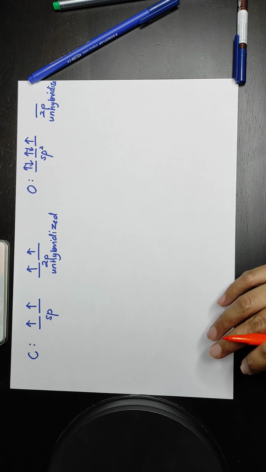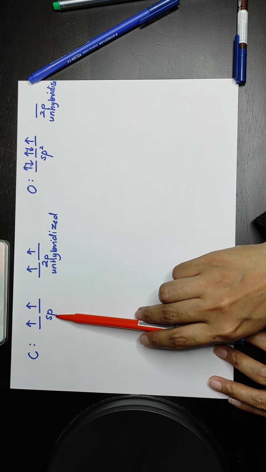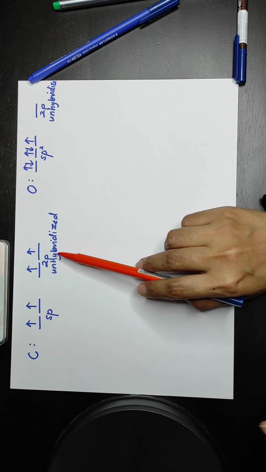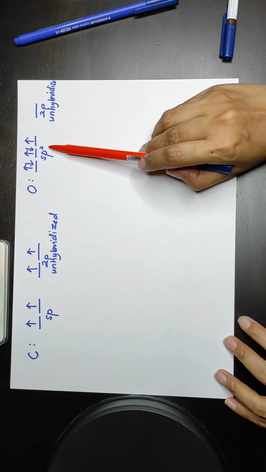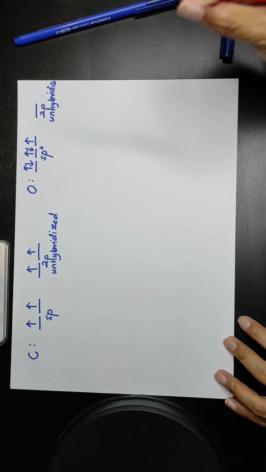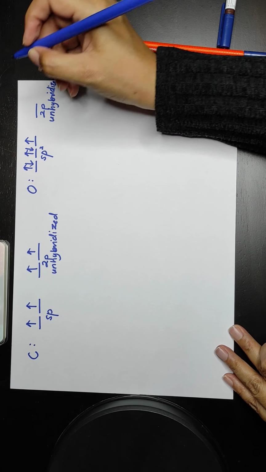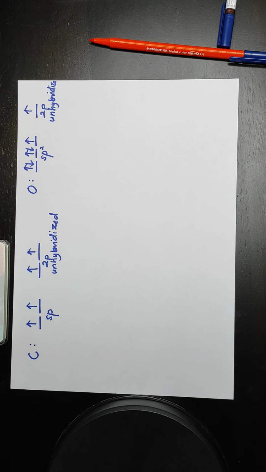Okay, so this is the sp hybrid orbitals of carbon and its unhybridized orbitals, and this is the sp2 hybrid orbitals of oxygen and its unpaired electron which occupies the 2p unhybridized orbital.